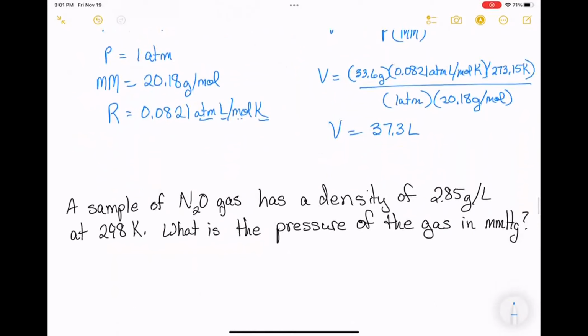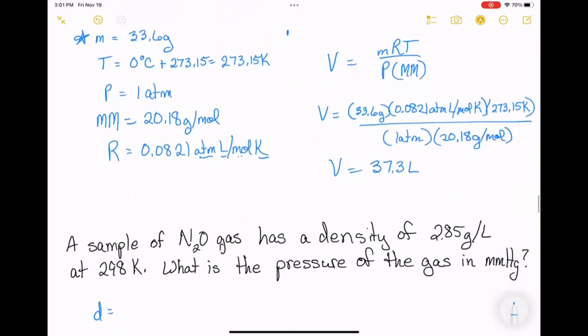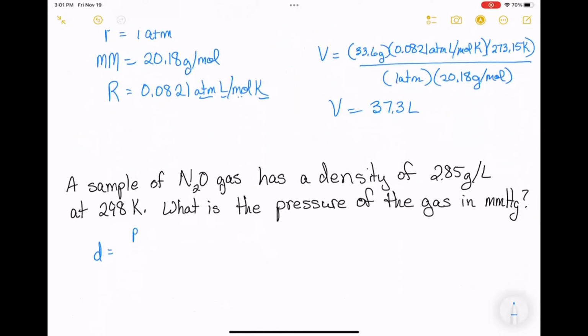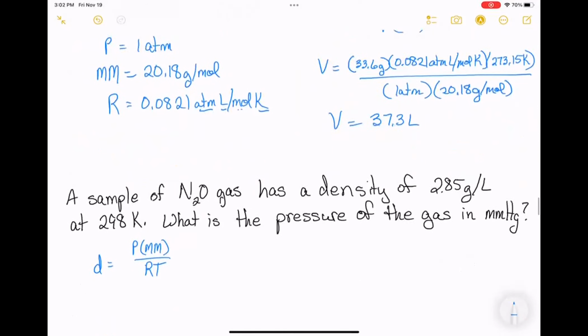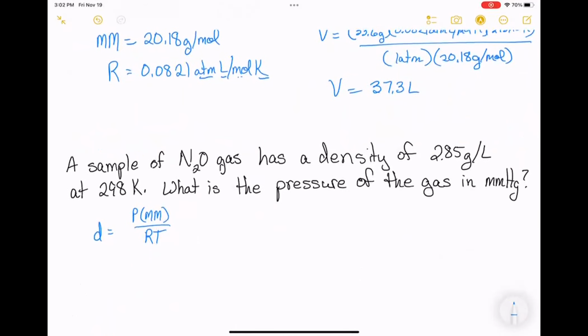Now I want to give you a moment to try this next one. I will remind you that density is equal to the pressure times the molar mass over RT. And I will let you know that 760 millimeters of mercury is equal to 1 atmosphere.